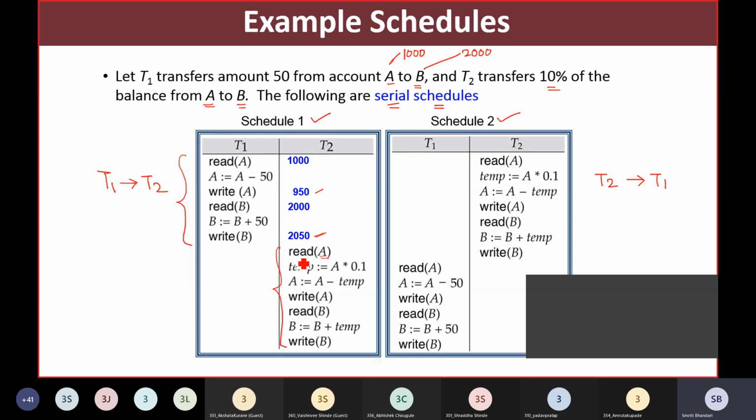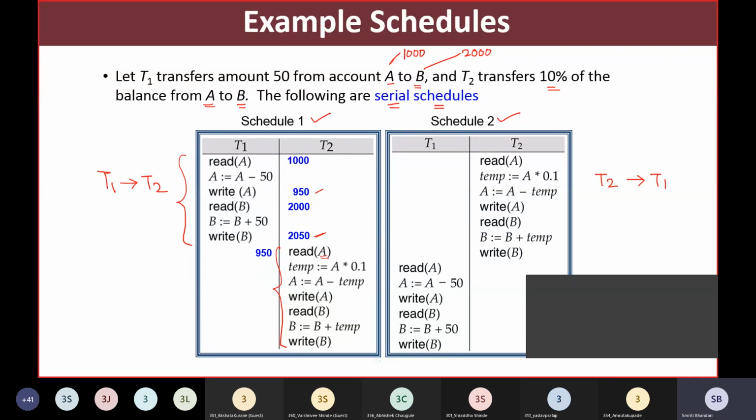T1 has successfully completed and now T2 has started its execution. So what is being read by T2 as A's balance? 950. Yes, correct. So T2 is reading A's balance as 950.